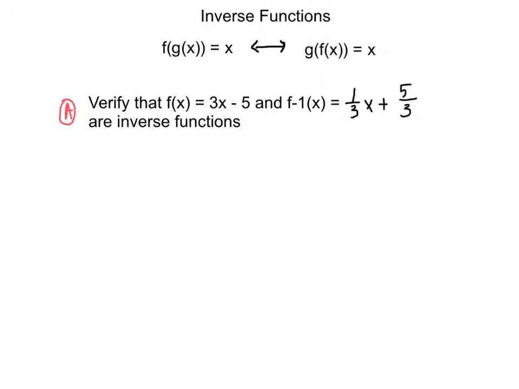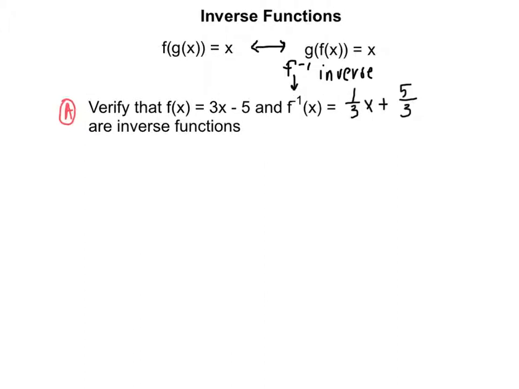So in this problem we are going to verify that f of x equals 3x minus 5 and the inverse of f, f to the negative 1, which is 1/3 x plus 5/3, are inverse functions. So these two equations need to be verified that they're inverse functions.